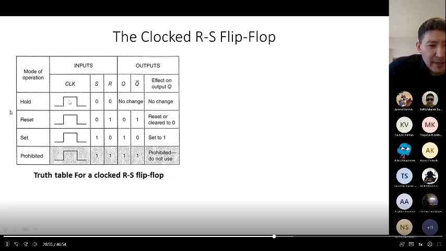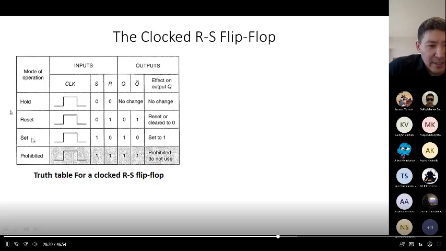Of course, in the reset mode, you should apply 1 to R and set should be 0. Then you activate by the clock impulse and it will change, right? So if your output was 1 and 0, it will be 0 and 1.